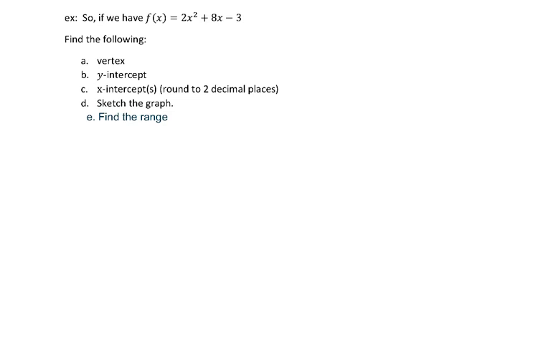So here, as you can see, this is our quadratic function. So really, we have to figure out first what a, b, and c are. Let me just write it down here to make it a little bit easier for us: 2x squared plus 8x minus 3.